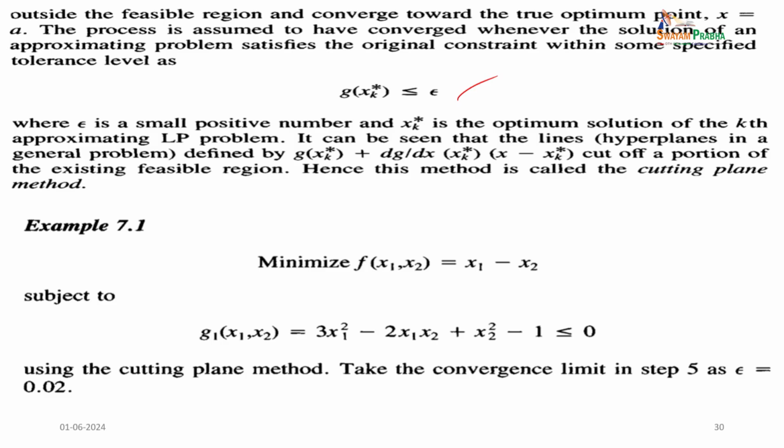It can be seen that the hyperplane defined by g(x_k star) plus the gradient of g at x_k star times (x minus x_k star) cuts off a portion of the existing feasible region. Hence this method is called the cutting plane method.